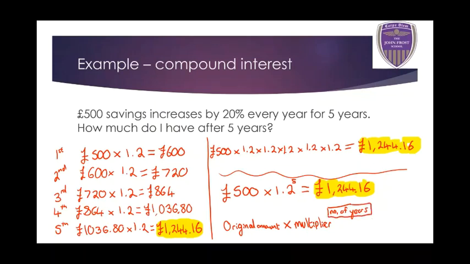In the case of compound interest, it'll always be things worked out every year, but just double check the question, because this number of years, it could sometimes be interest is added monthly. Okay, so just take care when you're reading the question. But for most compound interest questions, it's all based on the number of years. Okay, so it's your original amount times by the multiplier, and that multiplier is to the power of however many years you are saving your money. Okay, so let's do another example now.